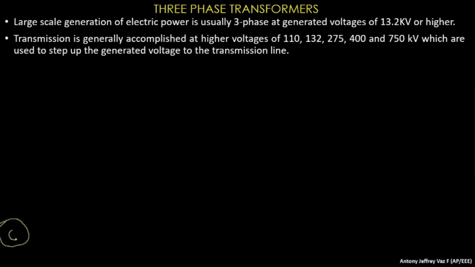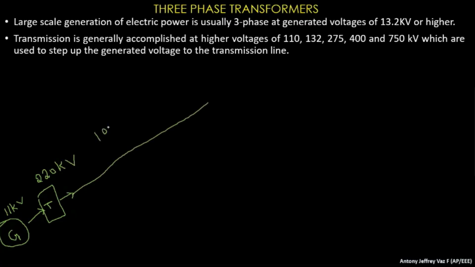Here is the same generator of 11 kV. You have a three-phase transformer, which is going to convert the 11 kV into 220 kV. Now you are going to supply the same transmission line of 100 kilometers.